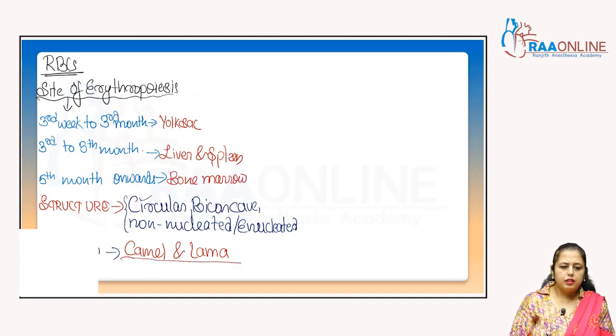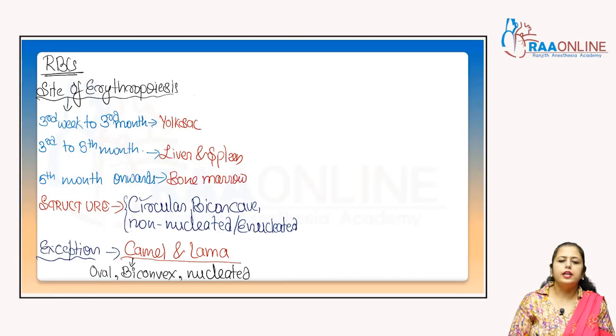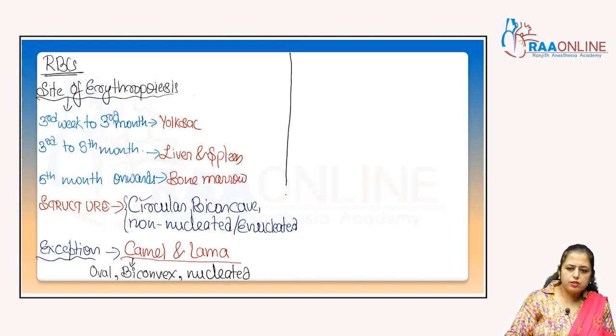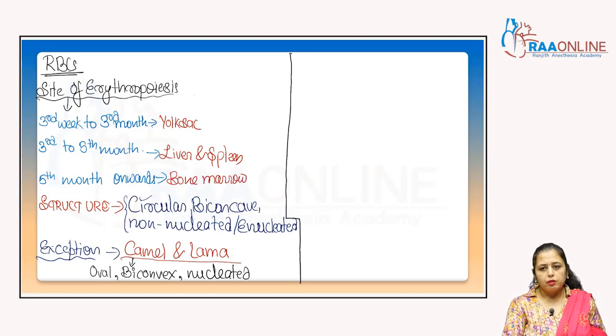Camel and llama have oval, biconvex and nucleated RBCs, right. Clear? So this is the structure of RBCs.